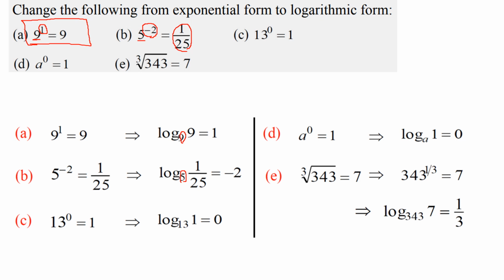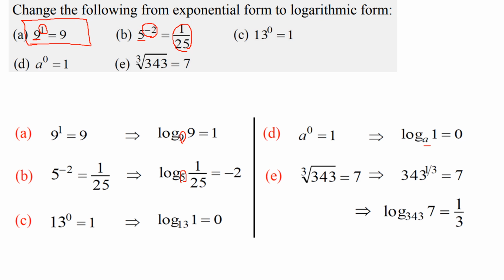Then 13 power 0 is 1. So what is the power here? 0. So 0 equals log 1 to the base 13. Similarly, a power 0 equals 1, so 0 equals log 1 to the base a.